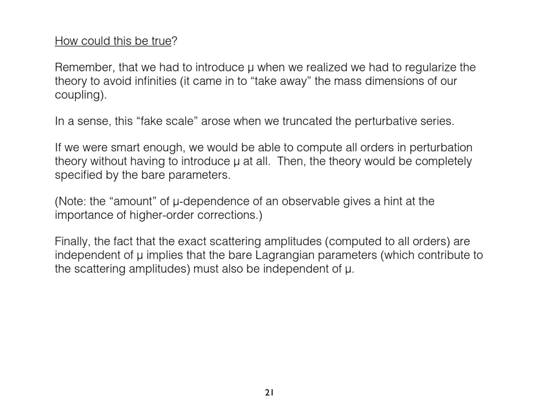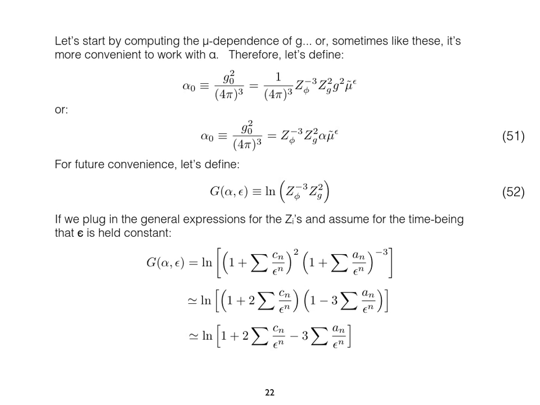So we're arguing that if we have something physical, or in this case, something that's exact, right, that's computed to all orders, the bare Lagrangian parameters can't have any mu dependence. Okay, and so to account for that, when we use these relationships, we'll let alpha and the mass have some mu dependence. Okay, and that's what we're after.